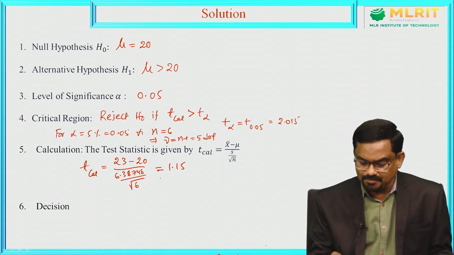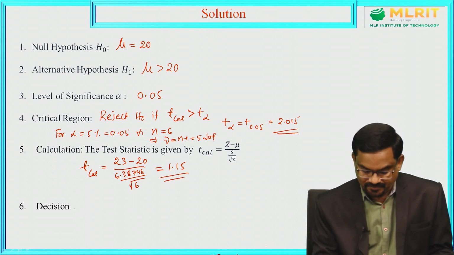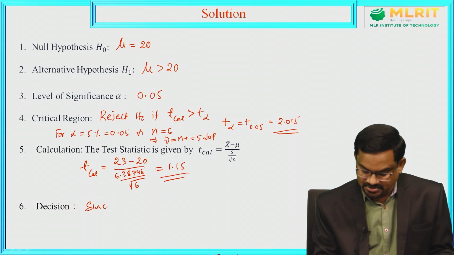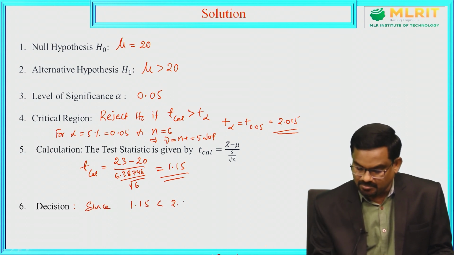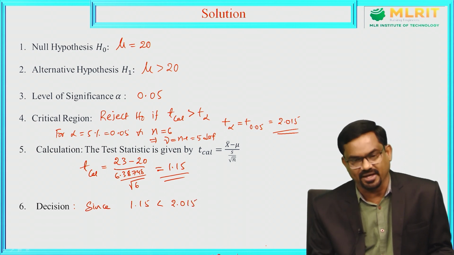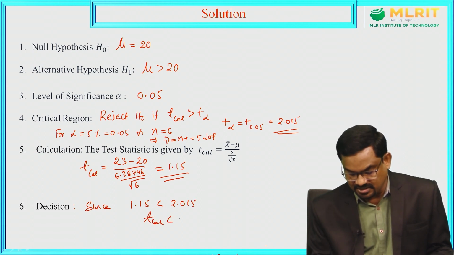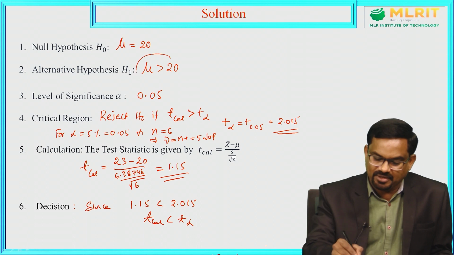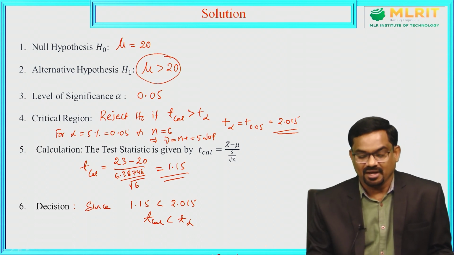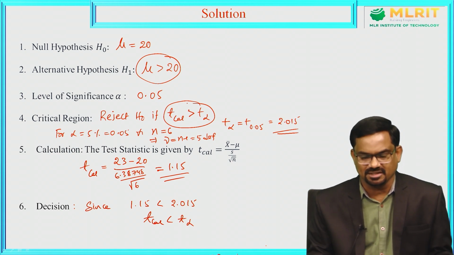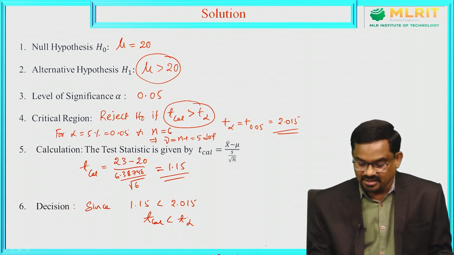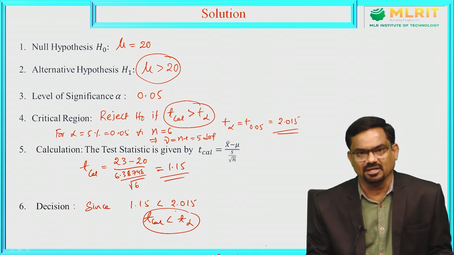Now, let us compare these two values. So the decision: the calculated value 1.15 is less than the tabular value 2.015. So T calculated is less than T alpha. The problem is of the greater than type, and the condition is that if T calculated is more than the tabular value we can reject, but finally we have obtained T calculated less than the tabular value.